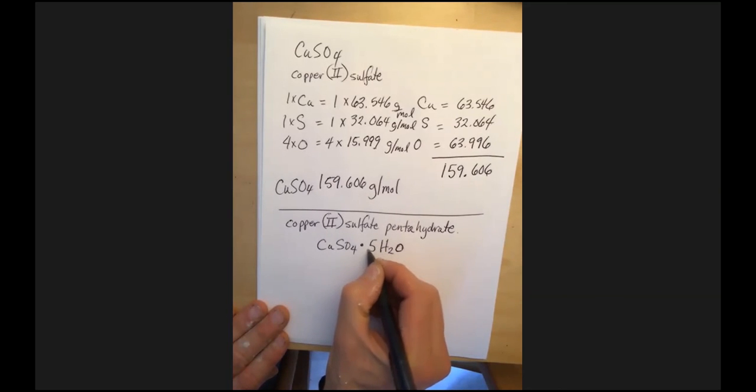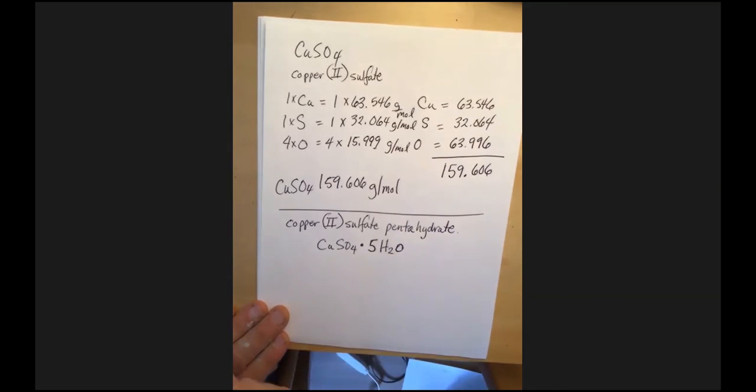So you might see the formula for copper 2 sulfate pentahydrate written as CuSO4·5H2O.